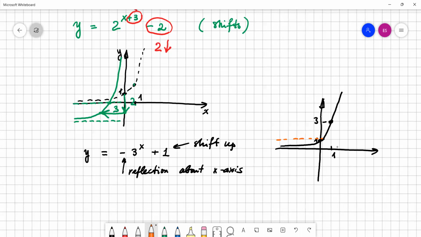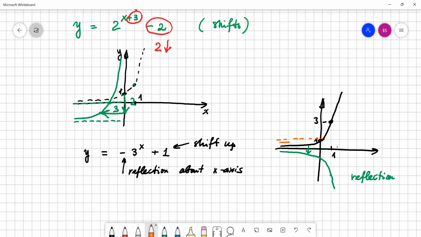I think I'm going to do the reflection first and then the vertical shift. So the reflection is going to be something like this. And over here, a reflection about the x-axis, right? Now I'm going to take this reflected curve and move it up 1 unit.